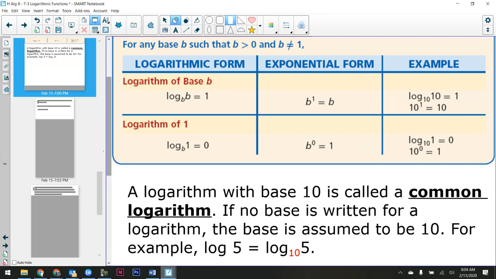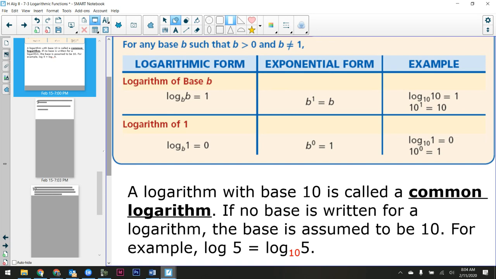Guys, just like if I had like x plus 4. What's the power on x if there's nothing written there? You assume that it's just a 1, right? X to the first power. If it's a logarithm, and there's nothing written as the base, you assume it is a common log. Common log is base 10. So looking at your calculators, your log button is base 10.